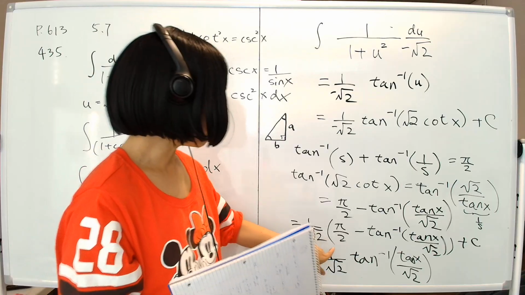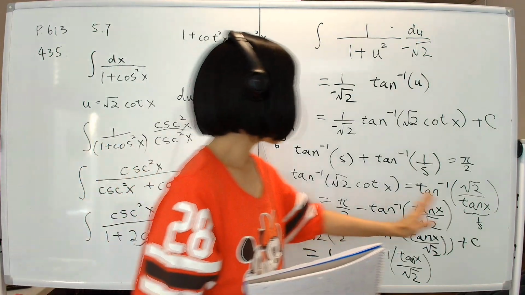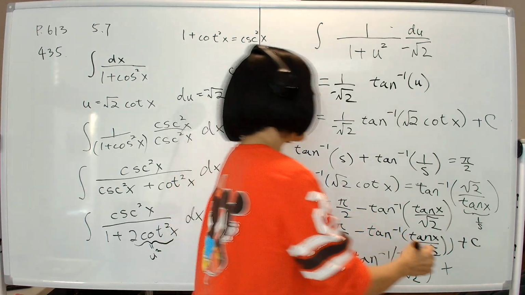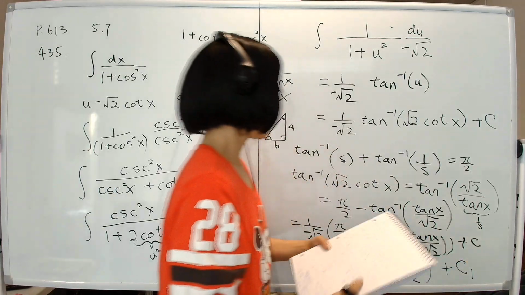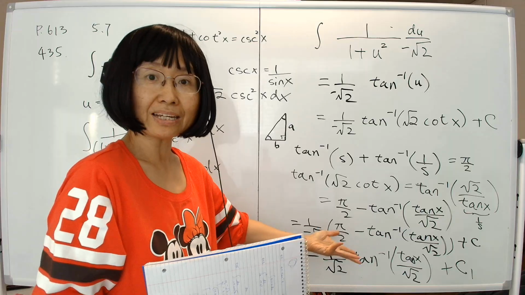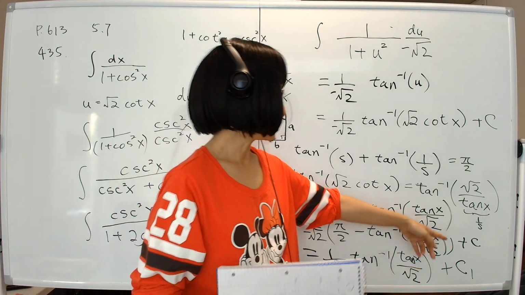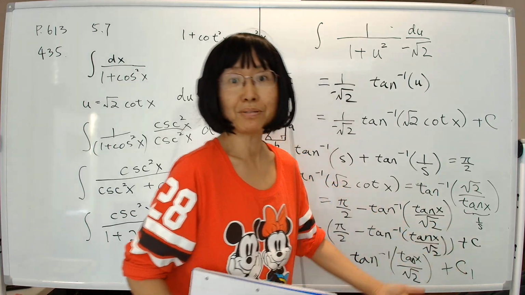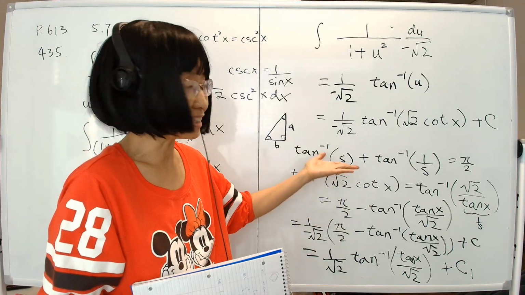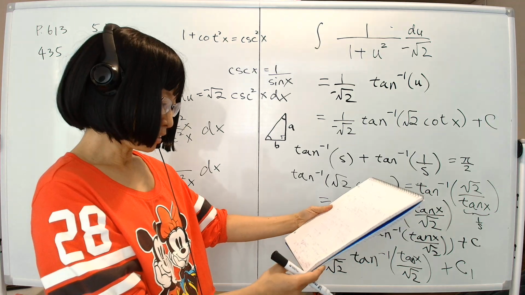And then this number here, 1 over square root of 2 times pi over 2, negative, etc., we will slap onto the c, so the constant's different now. It's a different c, c1. And that's the answer, because c can be anything. So c1 can also be anything. Therefore, we can just call it c. This c is different from c1, but each one can be any number, so it doesn't matter what you call it. That is the final answer that your book finally dug out.